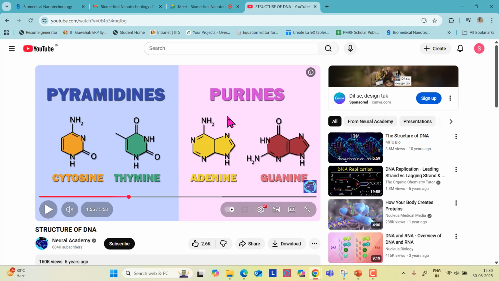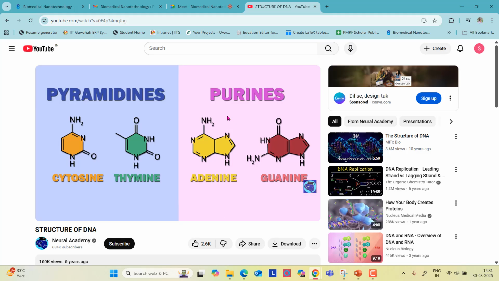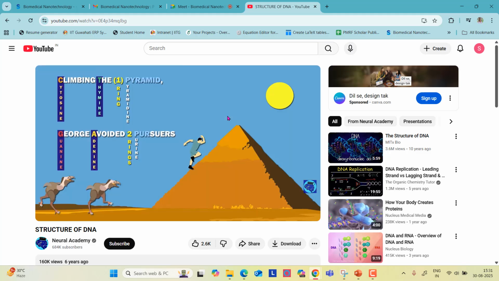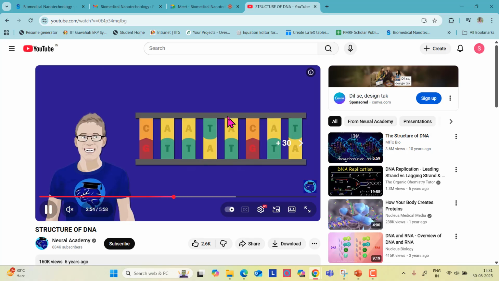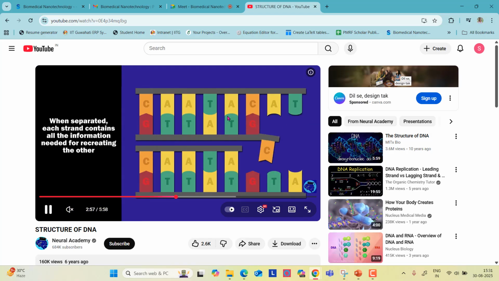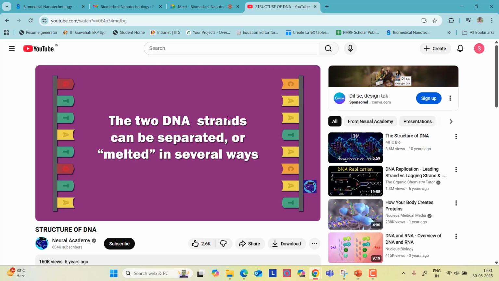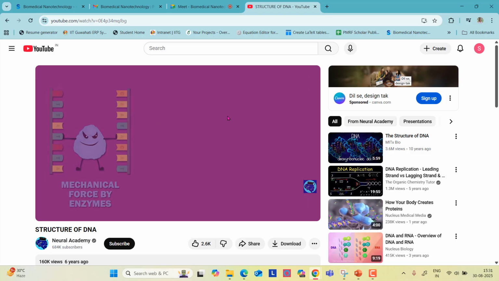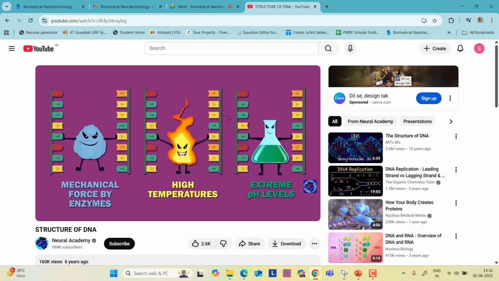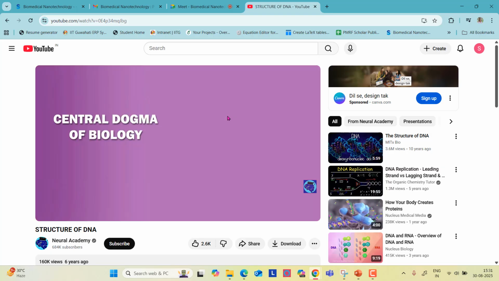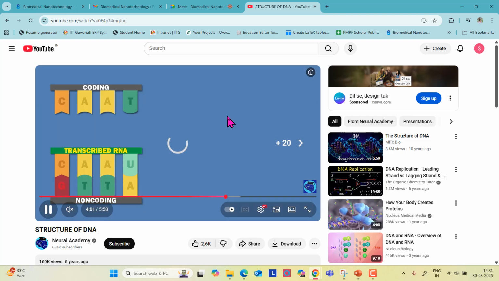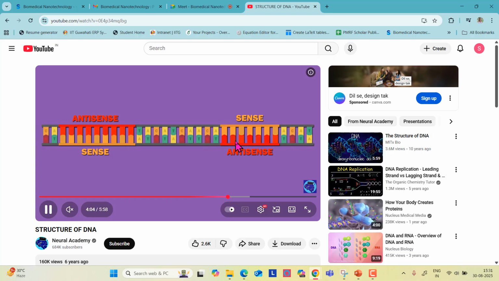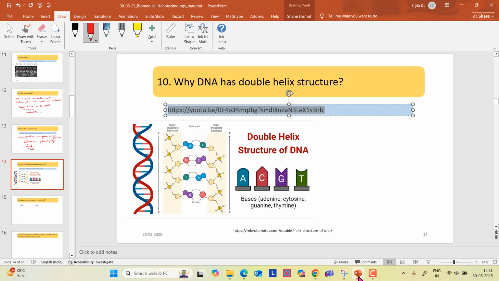You have to choose, so remember very carefully. See how these bonds are formed inside the DNA. Okay, so you will see that video later.